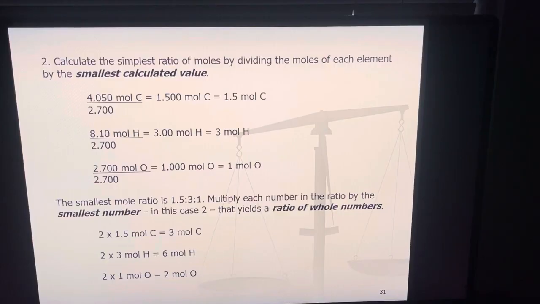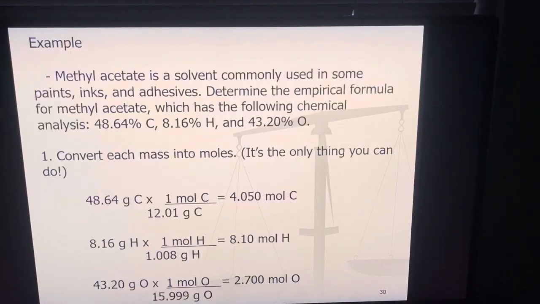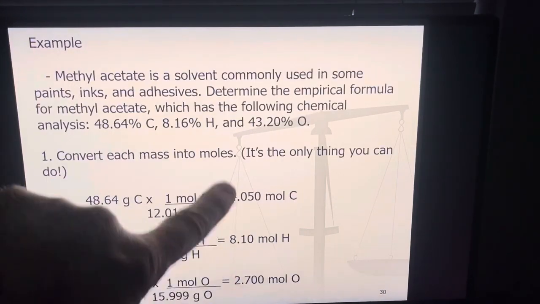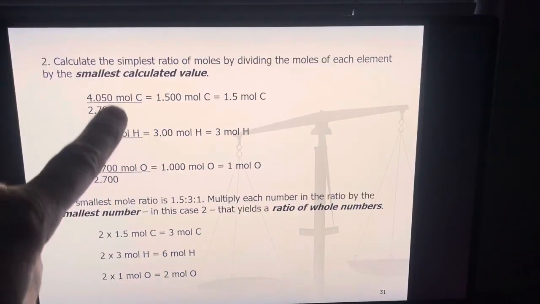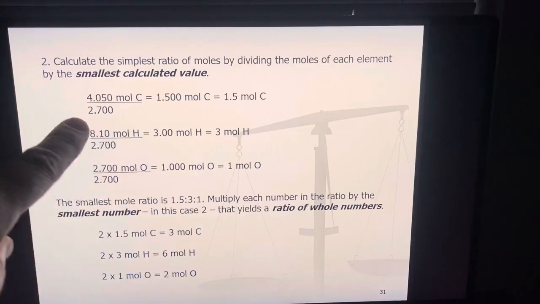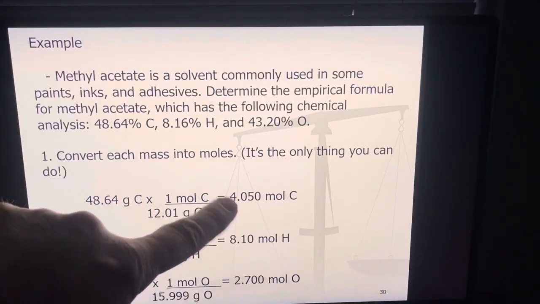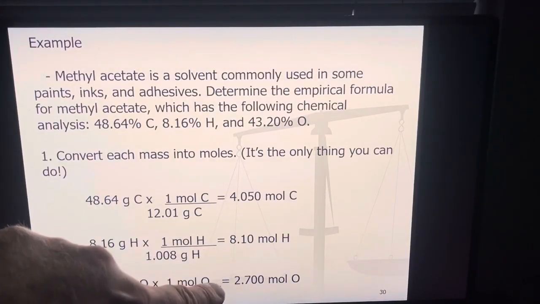The smallest calculated value was 2.7. If you go back here, the smallest calculated value was 2.7. See, these are higher. So divide each of the moles that you got, that one and that one, by that one, and then that one by itself.